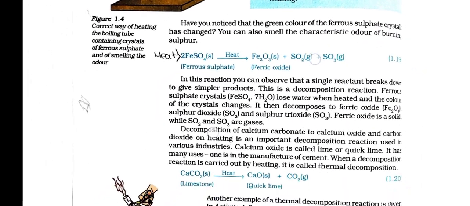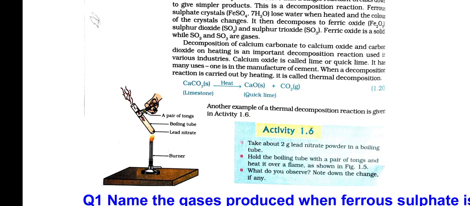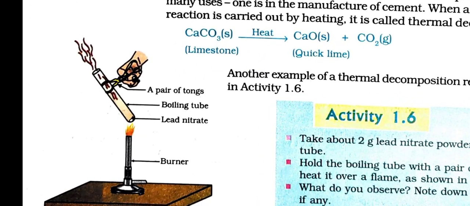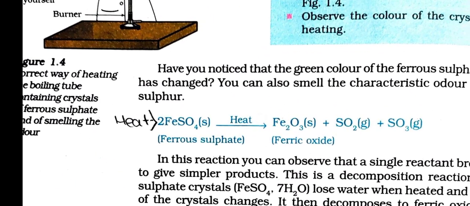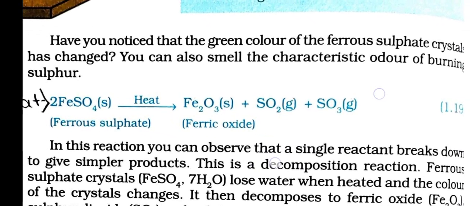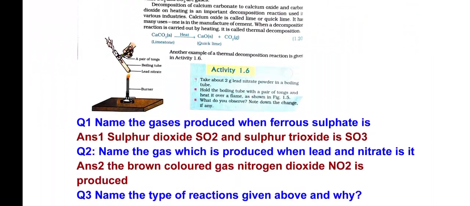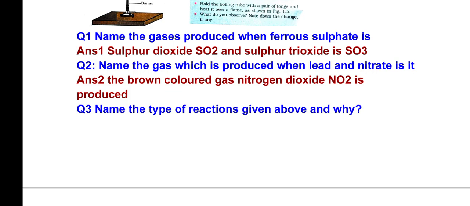Now the questions are like this, and you just observe this also. There is lead nitrate in the test tube and a brown colored gas is getting released. So these two reactions have to be observed carefully, and let us see the questions related to these experiments.